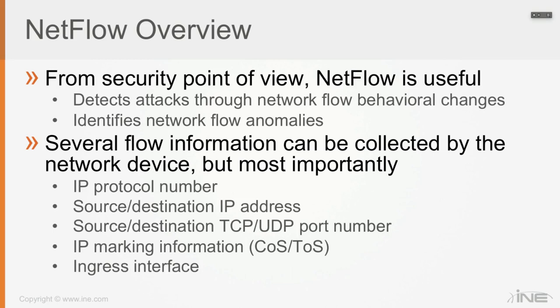What is the source and destination IP addresses, because you want to know who sent that traffic, what is the source, and where it's going out to, what is the destination. The source and destination TCP/UDP port numbers to see exactly the service that that client was trying to access. The IP marking information, so for QoS, the layer 3 marking information, and also the ingress interface. So you need to know a direction, like on which interface was that traffic flow received by that network device.